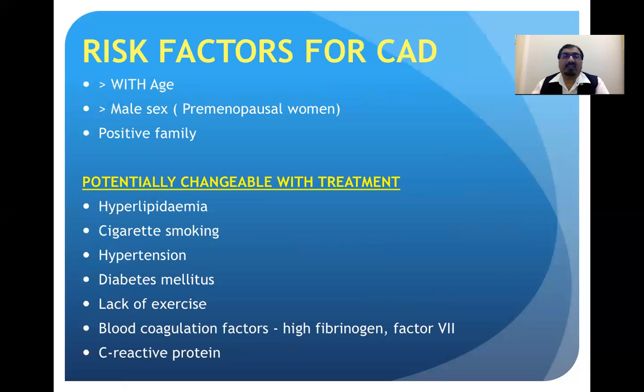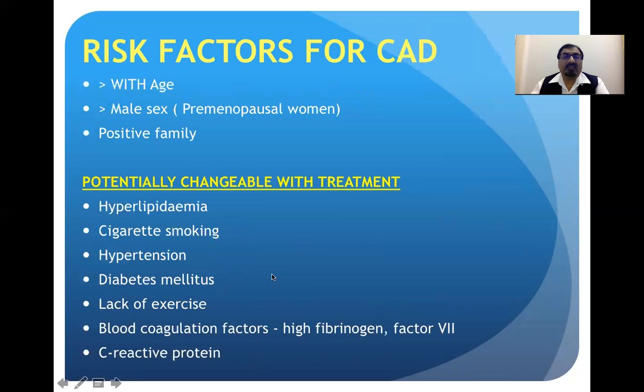There are certain risk factors which we usually emphasize, and some changeable risk factors, which we call modifiable risk factors. There are certain risk factors which cannot be changed, like age, male sex, or premenopausal women, who are safe, and positive family history. Whereas the changeable risk factors may be hyperlipidemia, cigarette smoking, hypertension, diabetes, lack of exercise, blood coagulation factors, C-reactive protein.